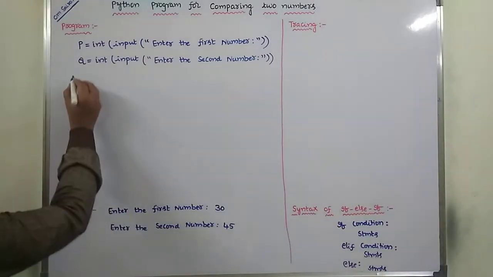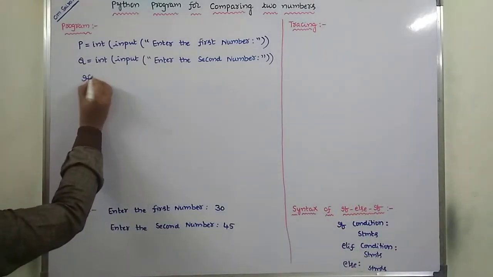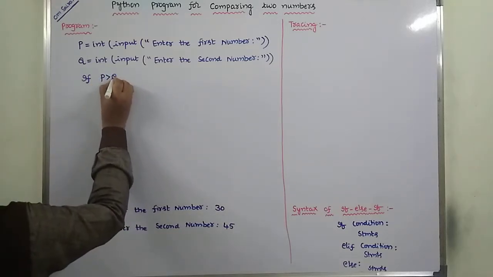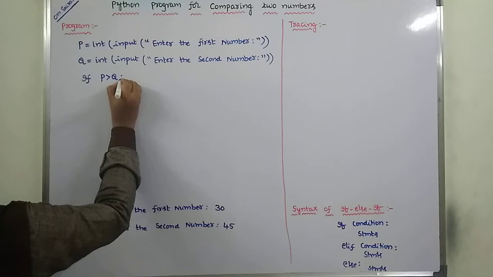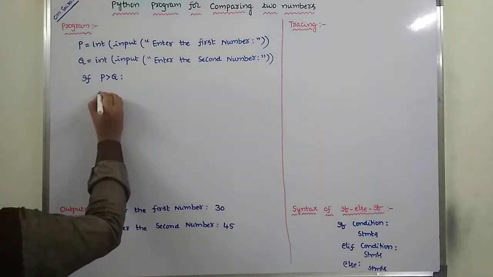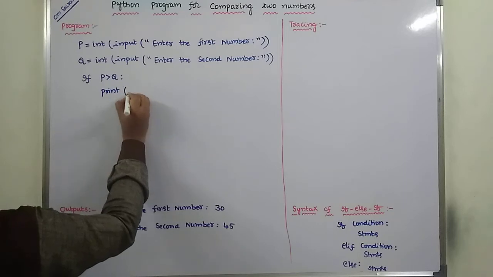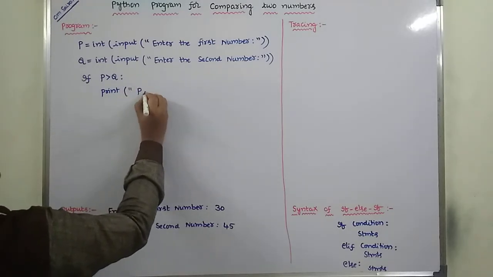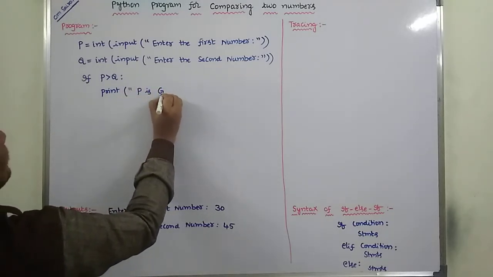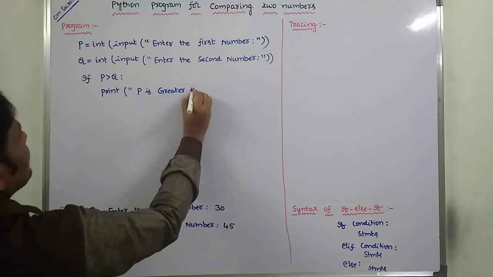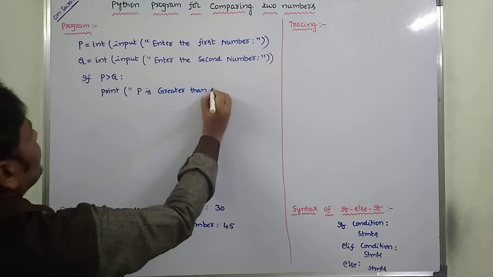Now, the if condition is P greater than Q colon. The statement in the if block is print "P is greater than Q".